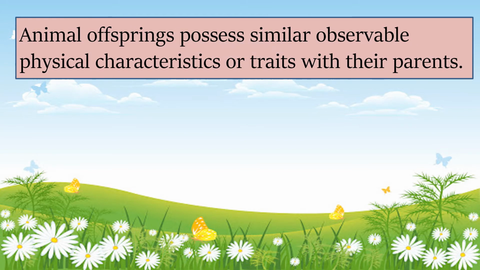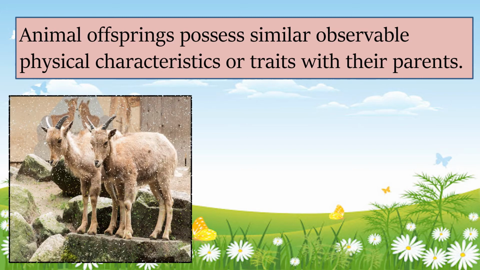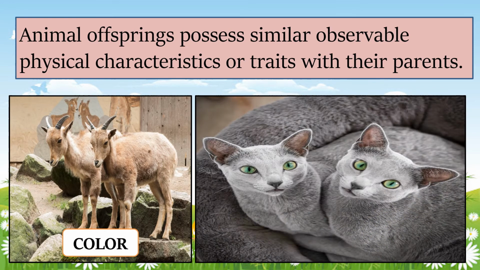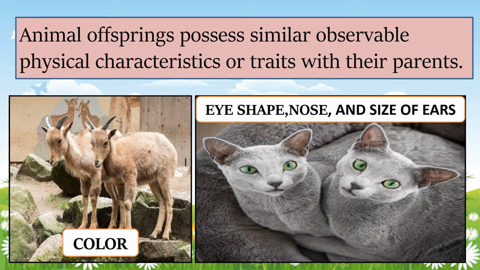Animal offsprings possess similar observable physical characteristics or traits with their parents. Example: the color of the goat, eye shape, nose, and size of ears of a cat.